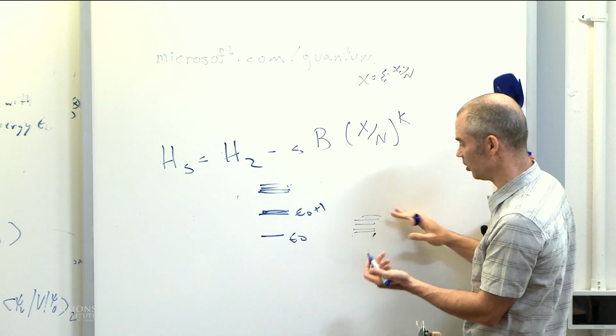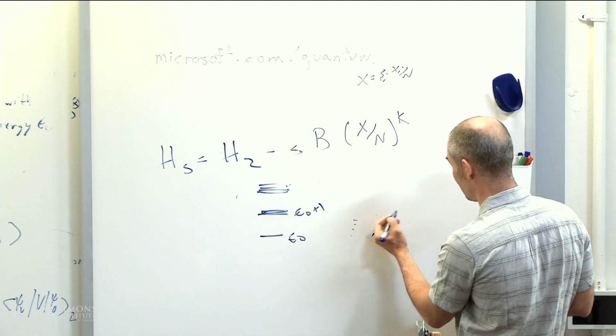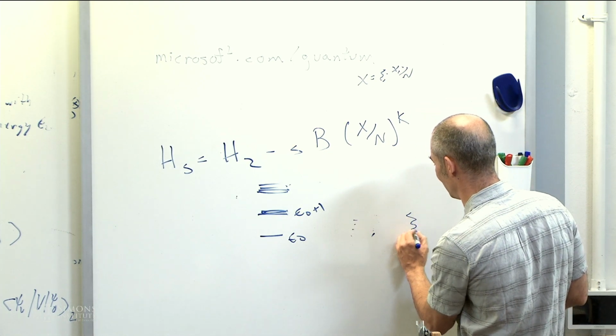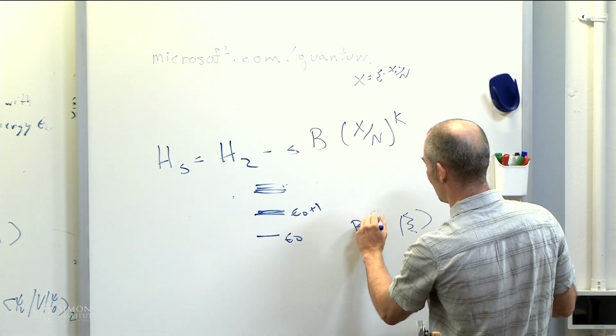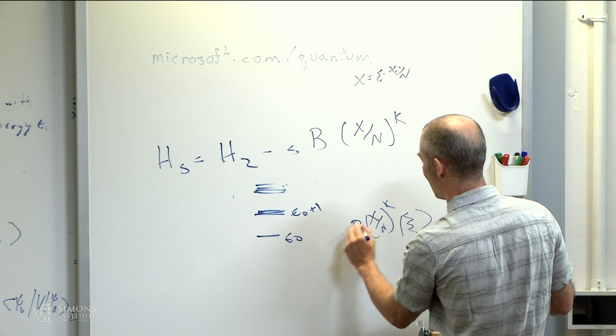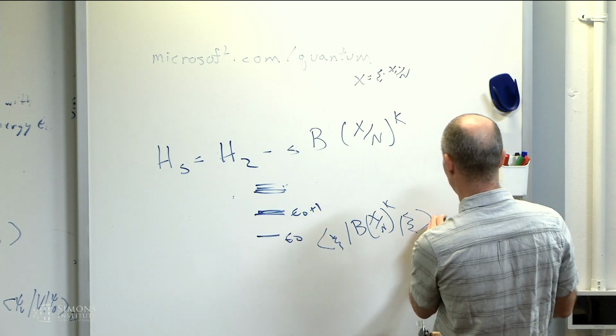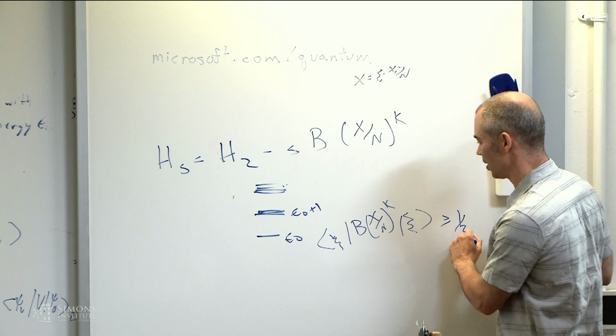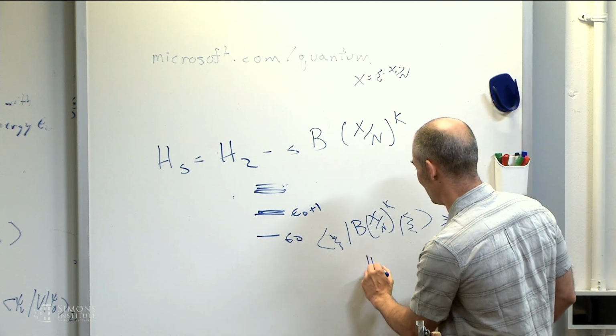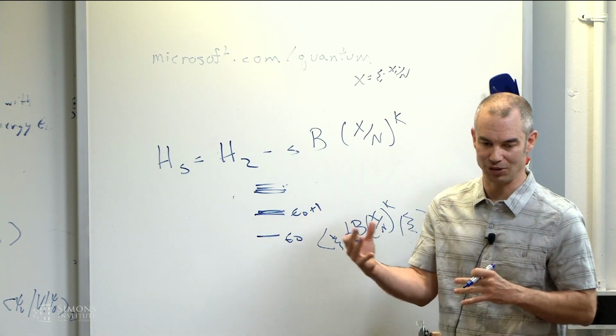You have to be able to get some state, I'll call it xi, such that the expectation of B x over n to the k is of order 1, or say a half, at least some constant. And also the expectation of Hz in the state xi isn't too big either.